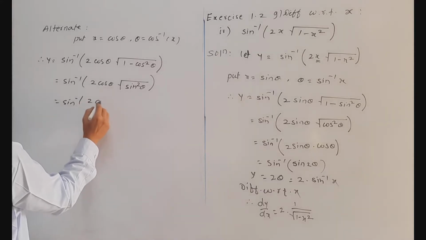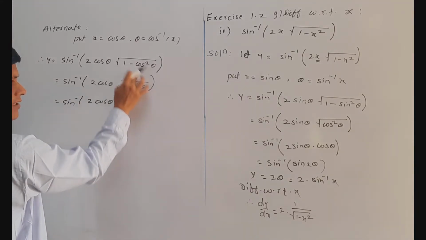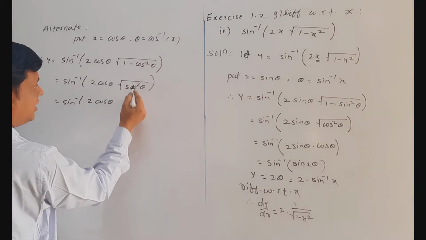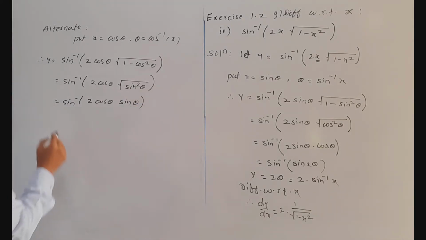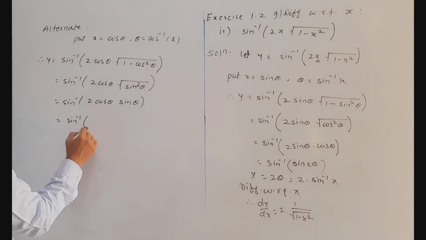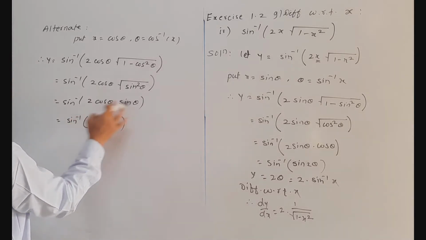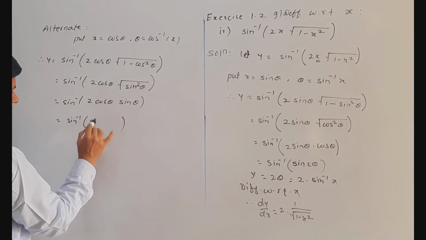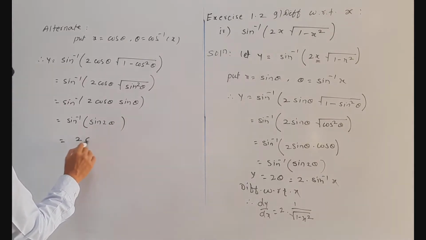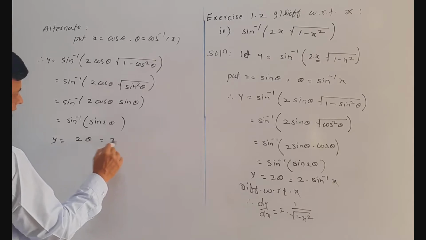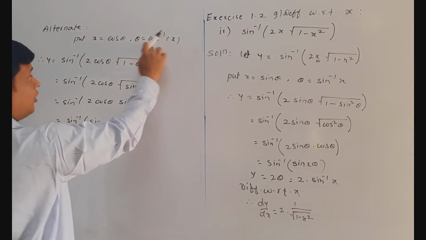So this 2 cos theta as it is, here square and square root get cancelled, so sin theta. So we write here sin inverse of this 2 sin theta into cos theta, we write here sin 2 theta. So sin inverse and sin get cancelled, we get 2 theta. So we replace this theta by cos inverse of x.